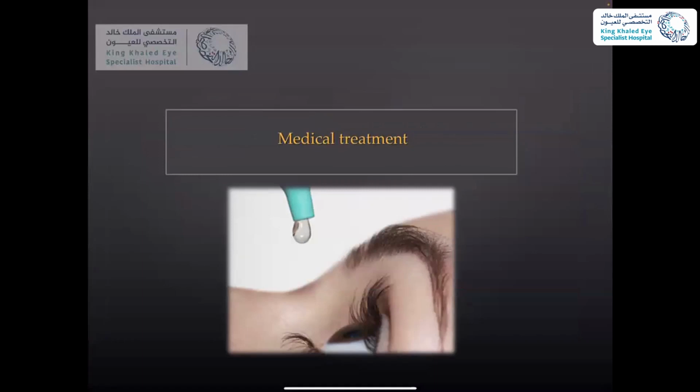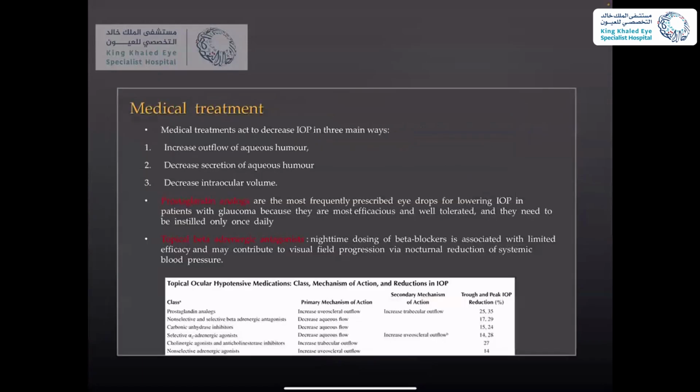Now we'll talk about treatment and options of treatment. In primary open-angle glaucoma, the only option as a first treatment used to be medical management. For medical treatment, you should know that the IOP is lowered by three mechanisms.